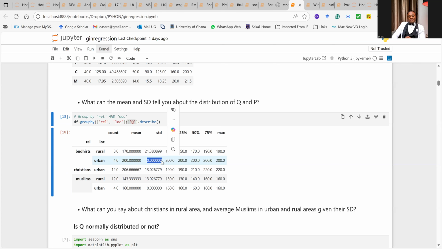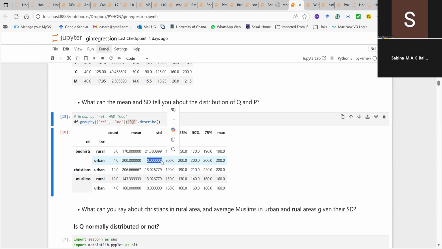And there's a clue that should help you. It's a beautiful clue. What does it mean when you have a 0 standard deviation? Do you see something, Samuel? So I can try. It means there's no variation.